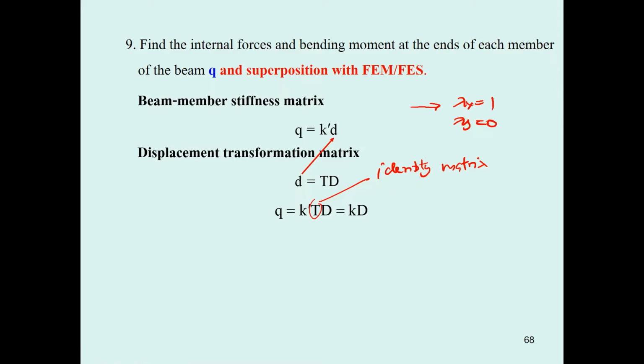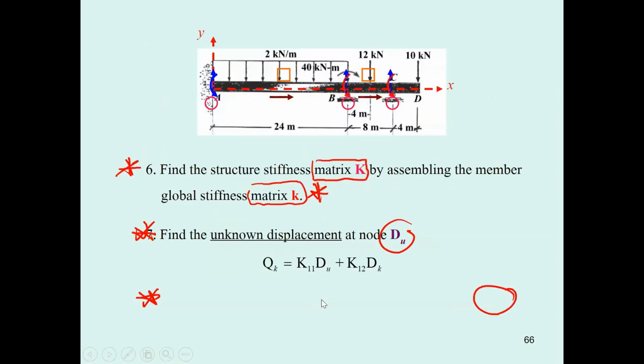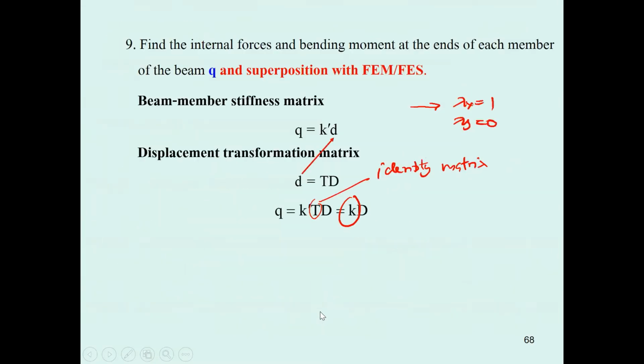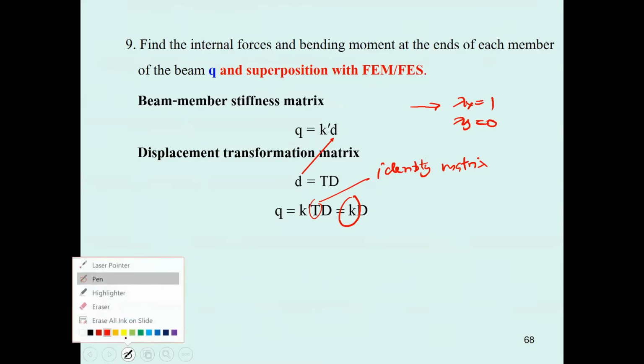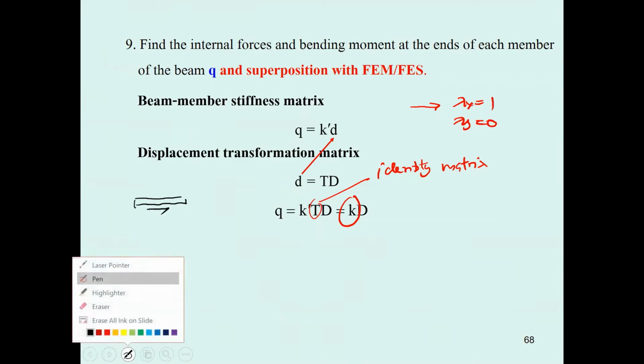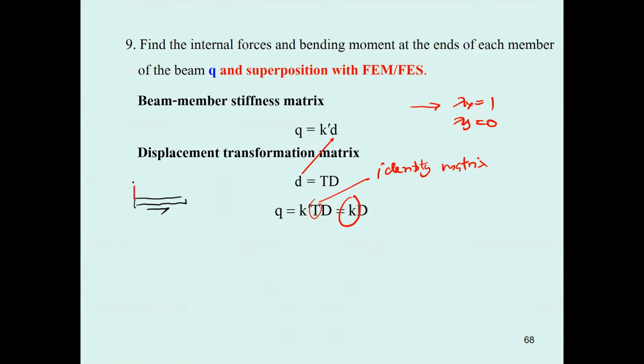And then you can use the K, this K from the previous step, and then you just multiply it by the D. Let me recall for you a little bit about the member of the beam. It has this local coordinate and degrees of freedom N, Y, and N, Z. This is the near end.